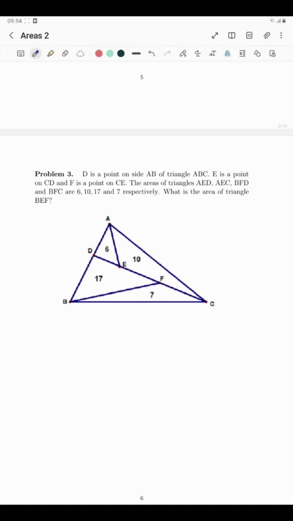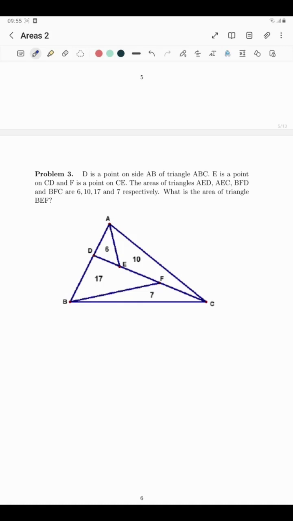So the same order that they label the triangles is the order that they label the areas, as indicated in this diagram. And our job is to calculate the area of triangle BEF.